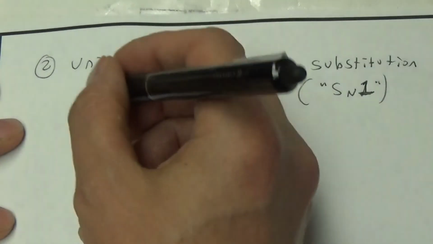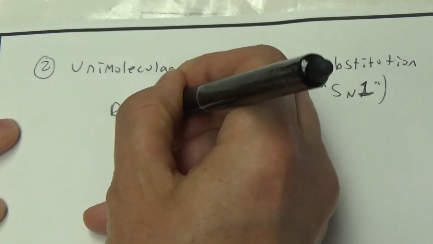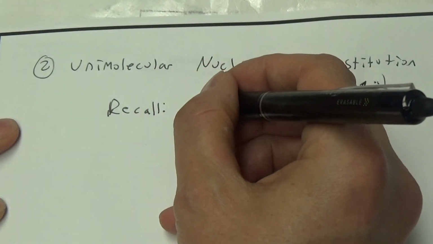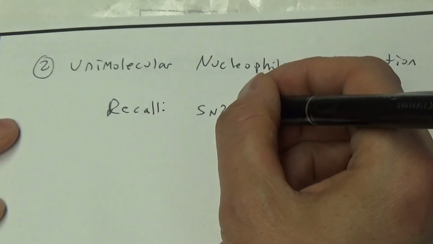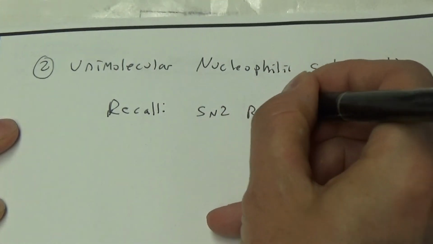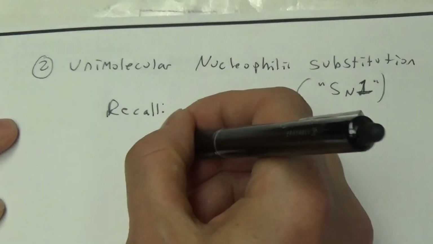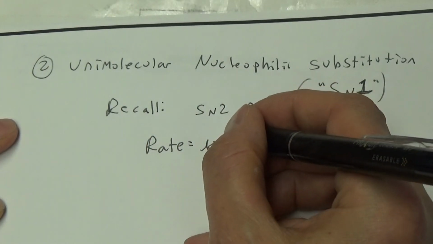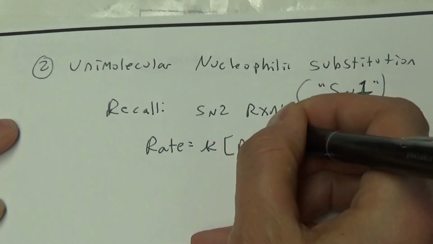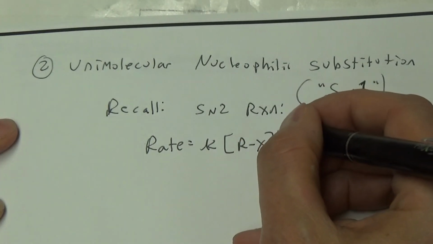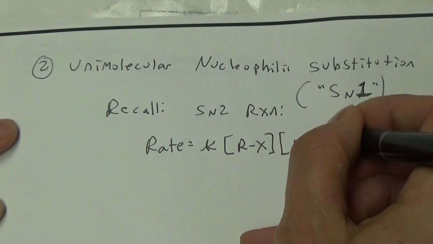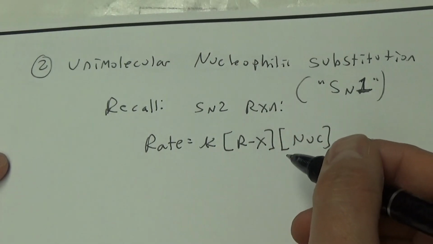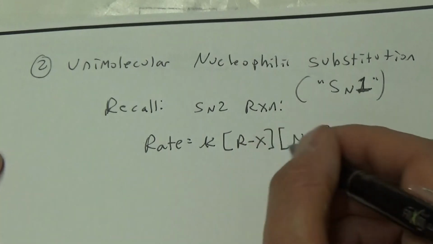And recall, when we considered the rate of the SN2 reaction, the rate was equal to k, a rate constant, times RX, which is the substrate, times the nucleophile, and that's why we call this bimolecular.